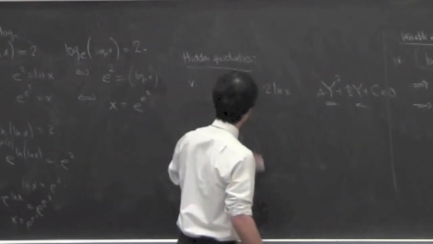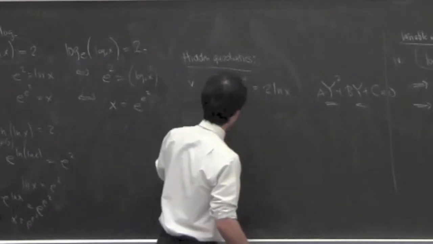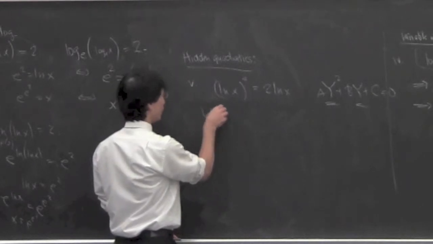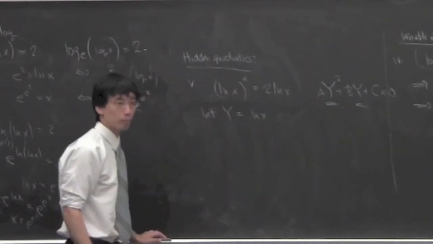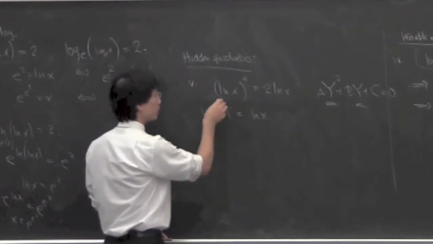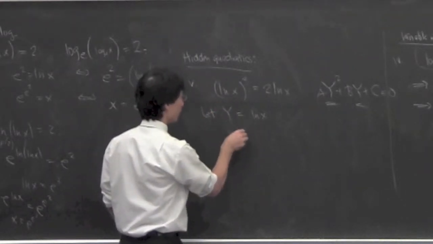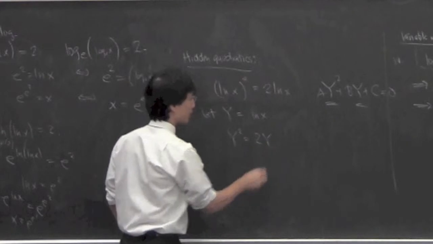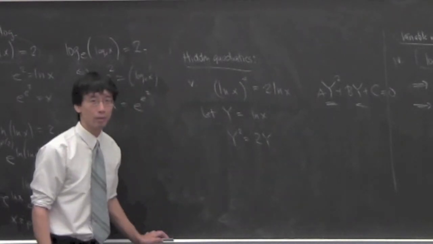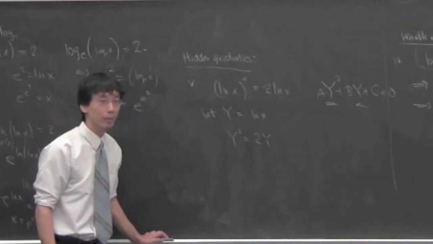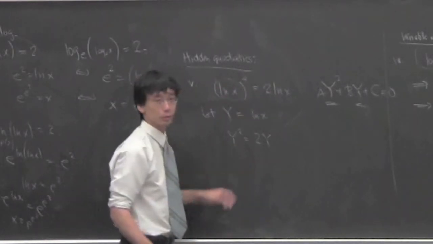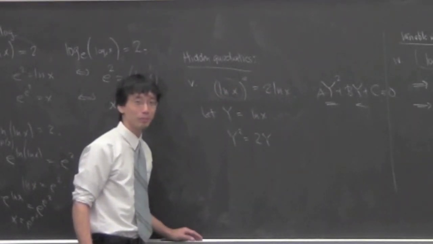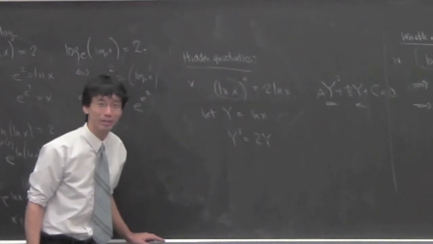Actually, let me make it more obvious what the quadratic is. So let y be natural log x. Then this equation we rewrite as y squared is equal to 2y. This y squared is equal to 2y.